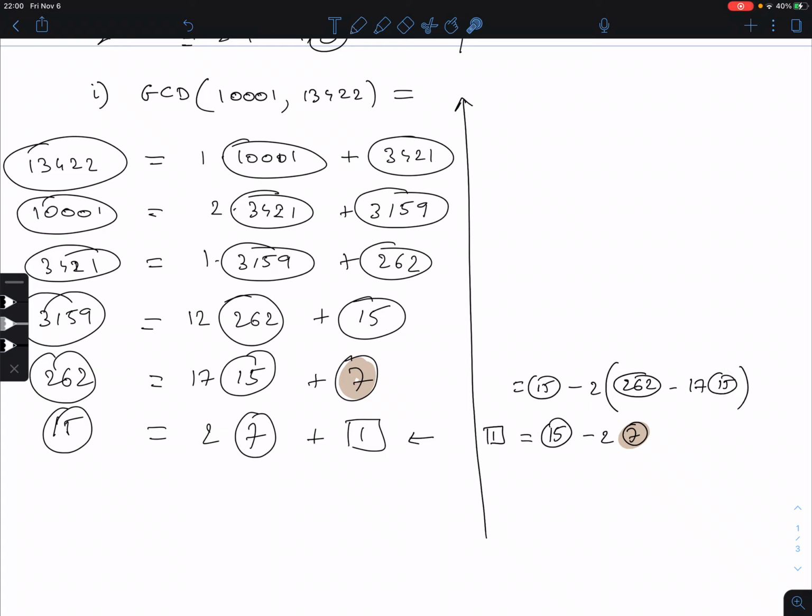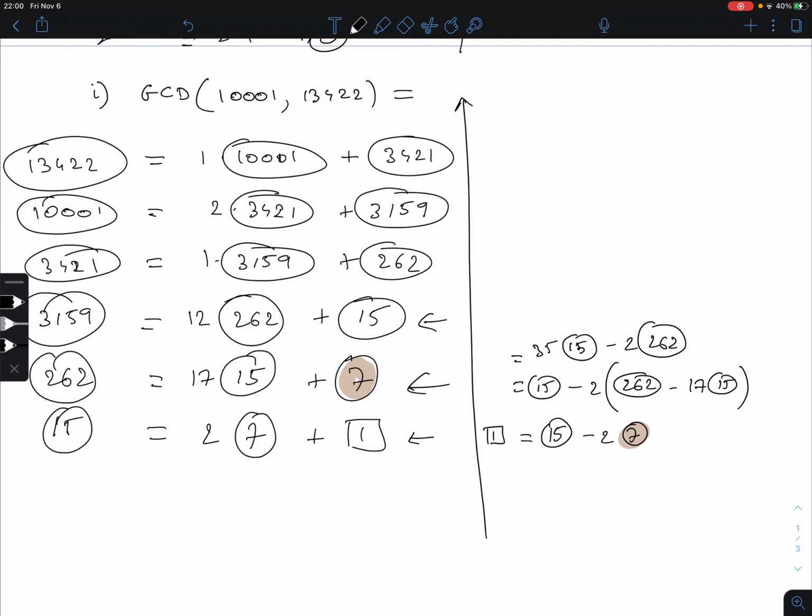Now we have two 15s circled, so they are combined like terms. That will be 34 plus 1, which is 35 times 15. Notice that all of a sudden we get bigger numbers already. Okay, we're done with this.